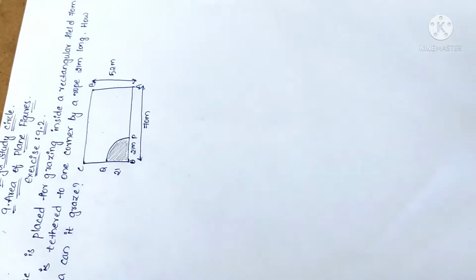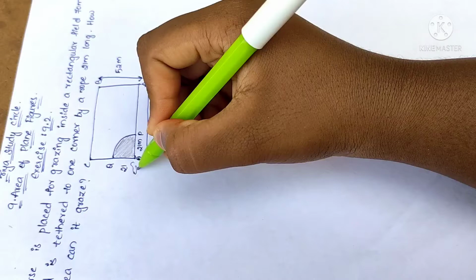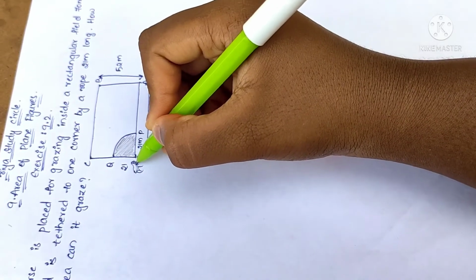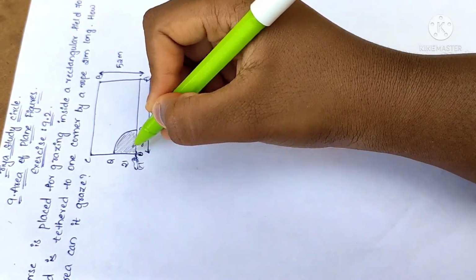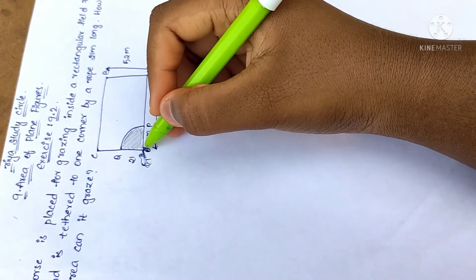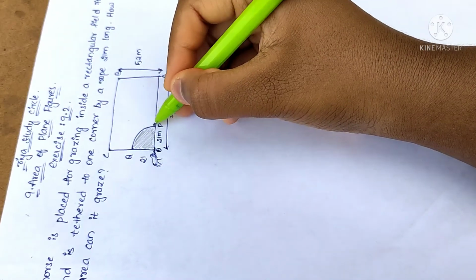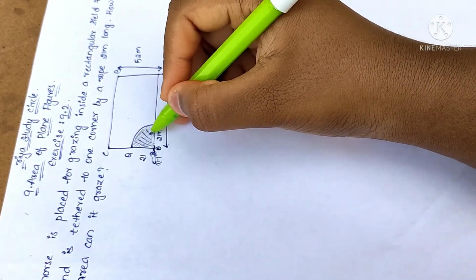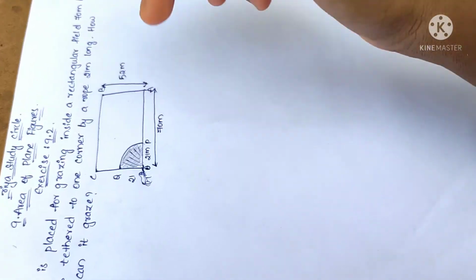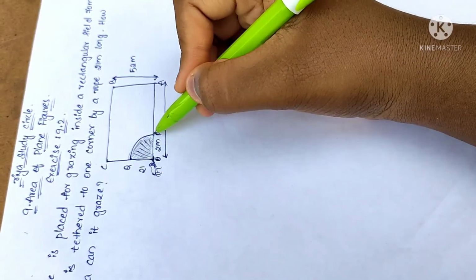So here they gave a rectangle like OABC. Let's take a horse here at the point O. It is tethered here at one of the corners of the rectangle. So it can move from here to here only, because the rope measurement is 21 meters. So of course it can graze here only.